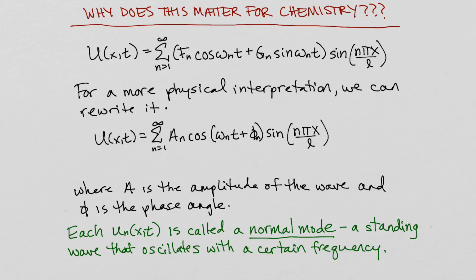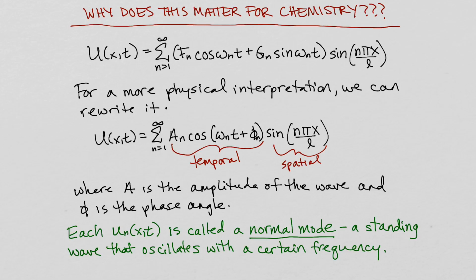And what I'm going to point out with that is that our first term here, we can think of as the temporal part of our vibration, and this sine n pi x over L would represent our spatial part of our vibration.